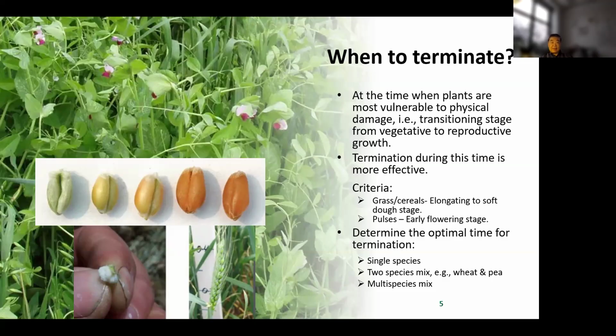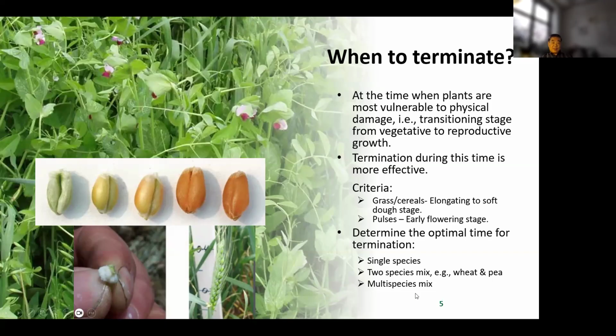I mean, if there are viable seeds, and normally they don't. Because those big pea seeds fall onto the ground, they will be consumed by beetles or other beneficial insects, or consumed by birds.